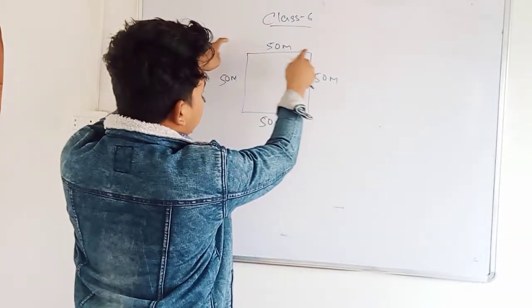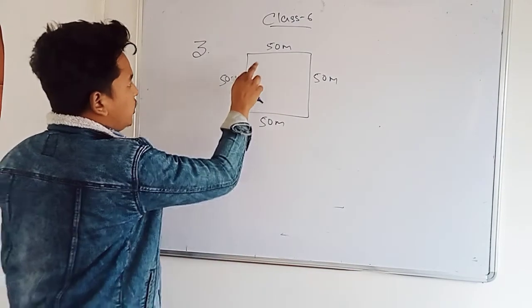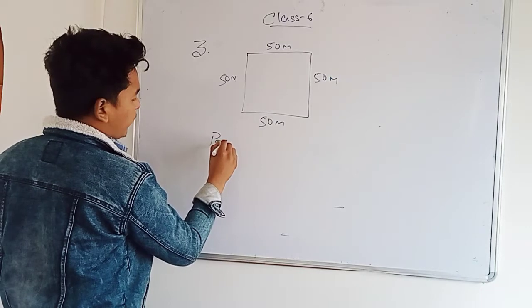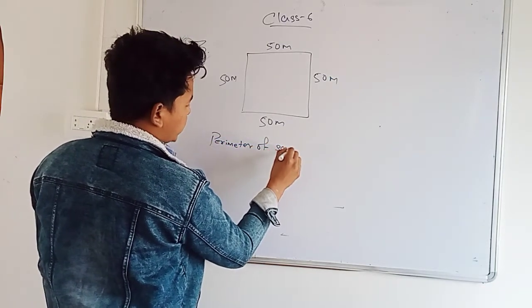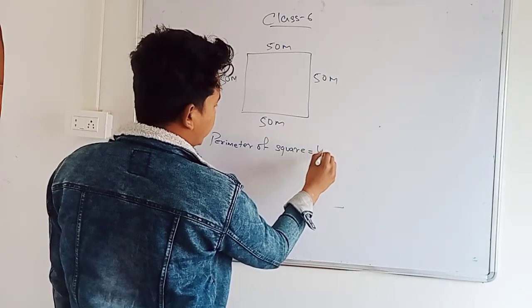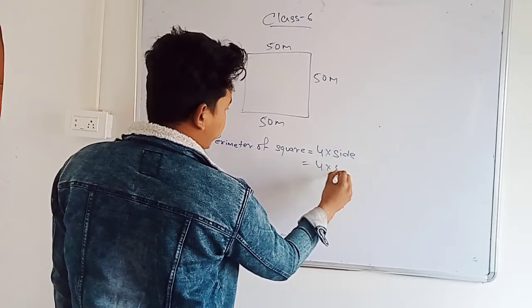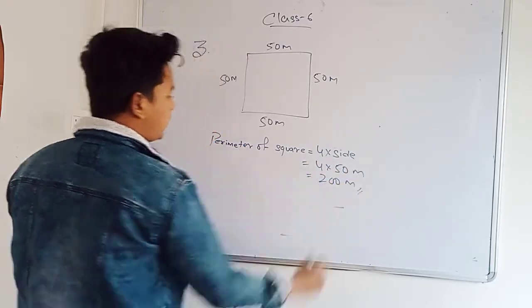Fence means on the boundary you will put some kind of protection. So first we have to find the perimeter of a square. Perimeter of a square is equal to 4 into side. So 4 into 50 meter is 200 meter. This is the perimeter.